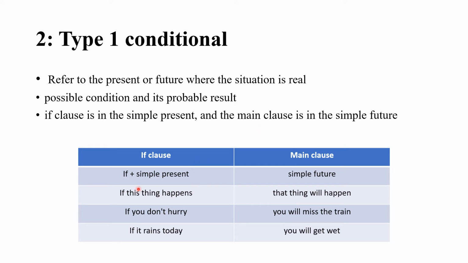We can see that if this thing happens, that thing will happen. Like, if you don't hurry, you will miss the train. Or, if it rains today, you will get wet. In these sentences, we can see that the first clause is in present simple and the second clause is in future.